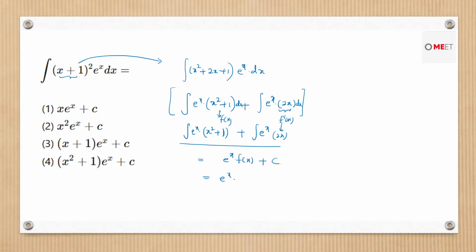So e power x into f of x will be x square plus 1 into e power x plus c. That is option 4 is the answer.